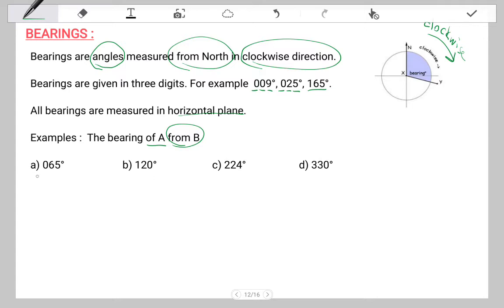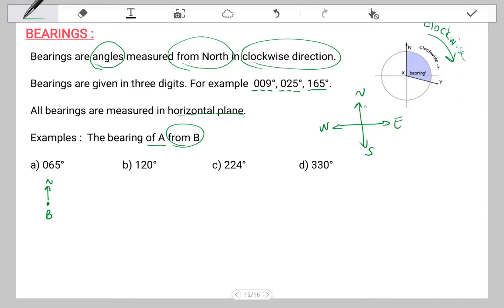So the first one is 65 degrees. First plot the position of B, and put north on top of it. So I label north. Let me remind you of the 4 main directions. Here we have north, south, east and west.